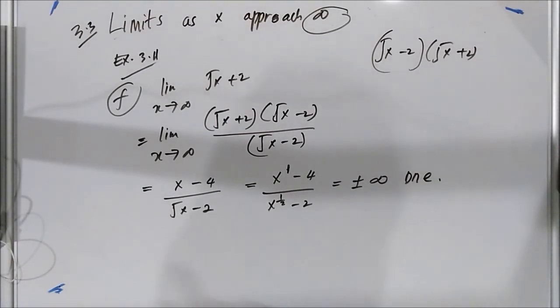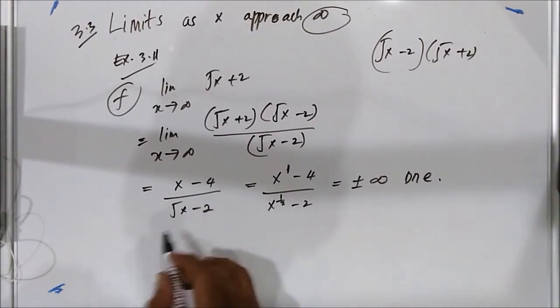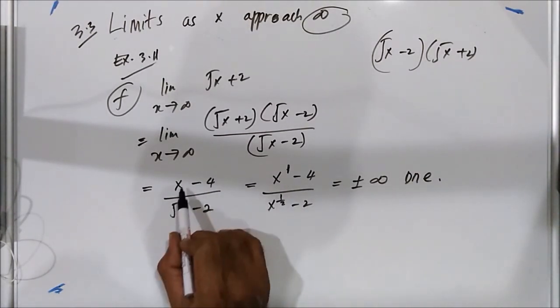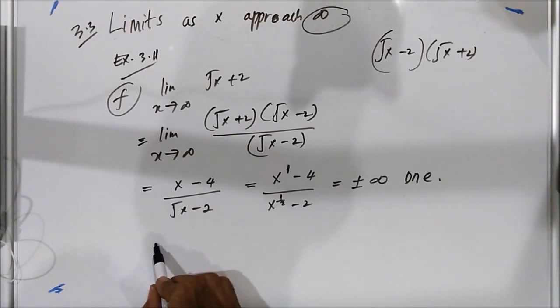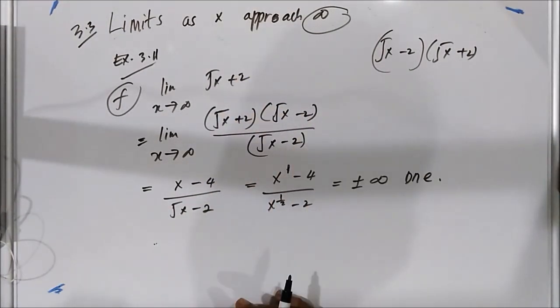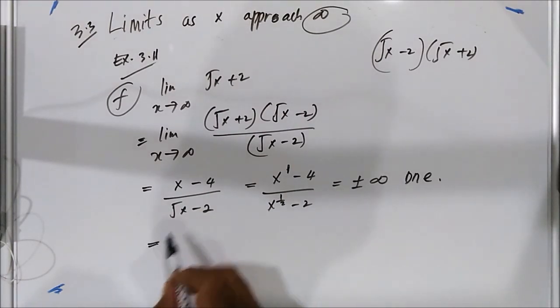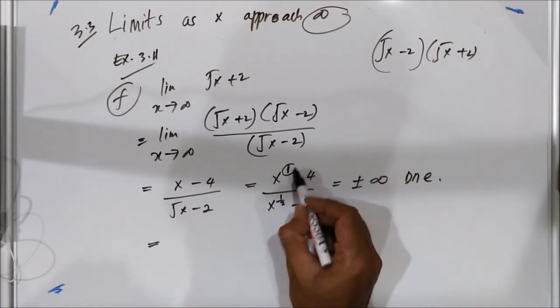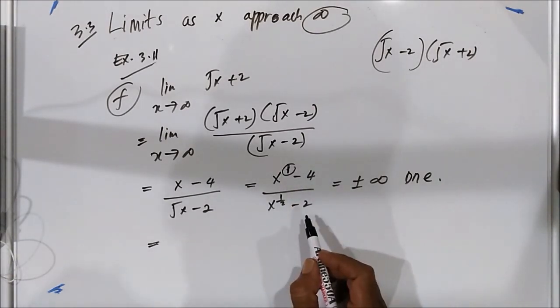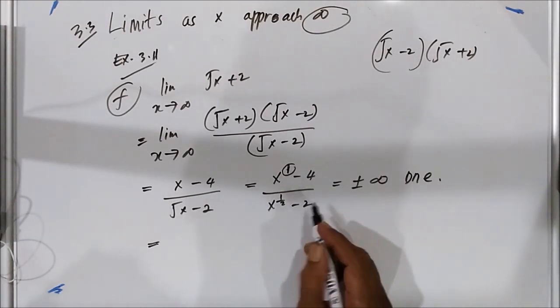Or you can solve it like this. The highest power here is x raised to 1, so we divide everything by x raised to 1.